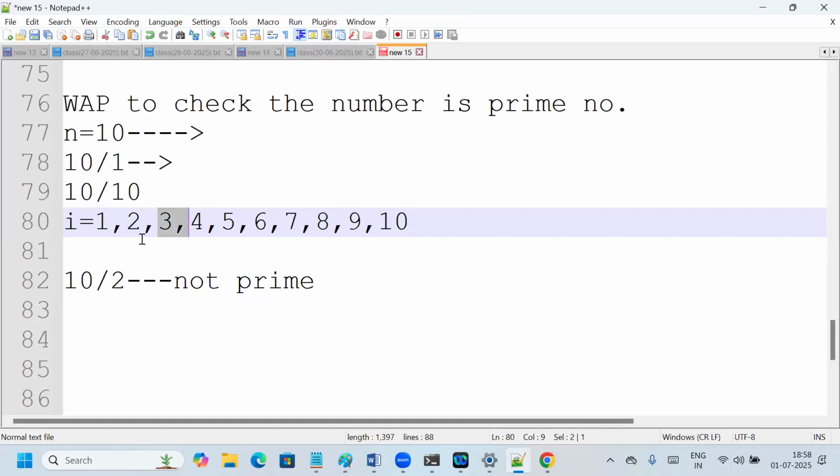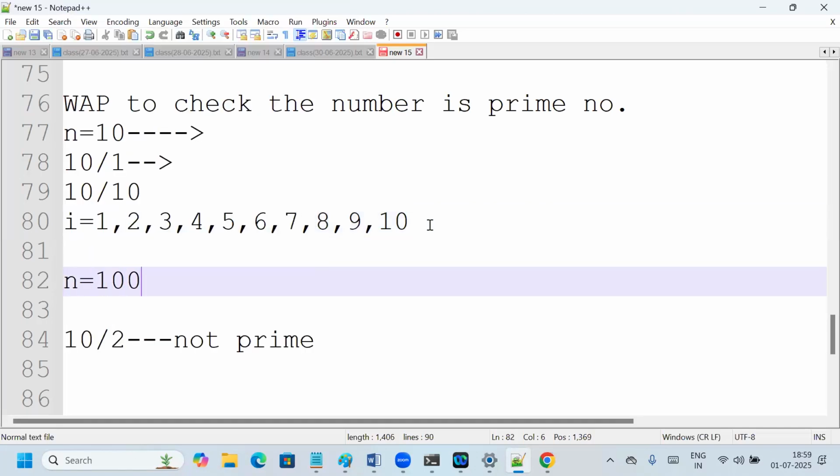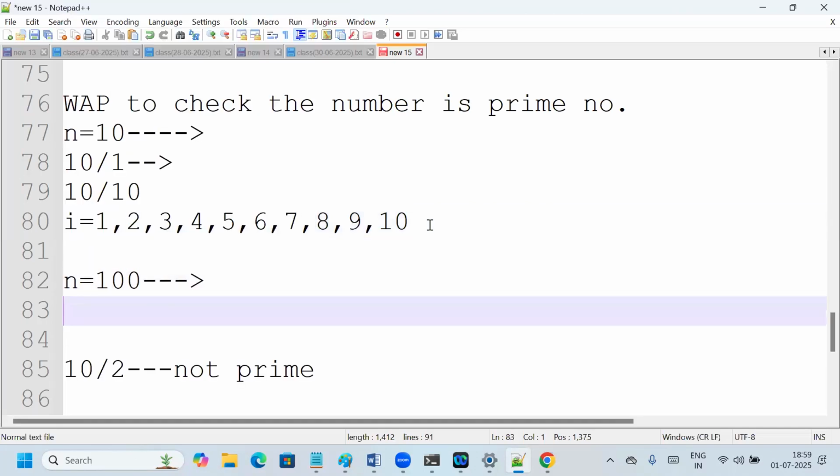But we know that every number is divisible by 1 and itself, correct? Apart from that, if the number is divisible by any other number from 2 to 9, then I can simply say that it's not a prime number. Understanding guys what I'm trying to say? You take any n value. Suppose n value is 100. How many divisors are possible guys? 1 to 100, correct?